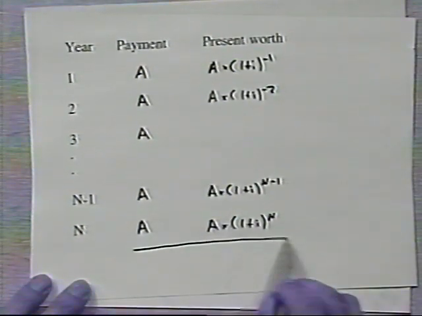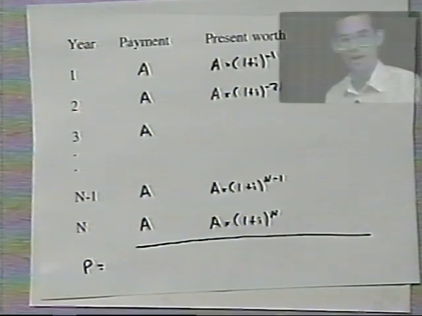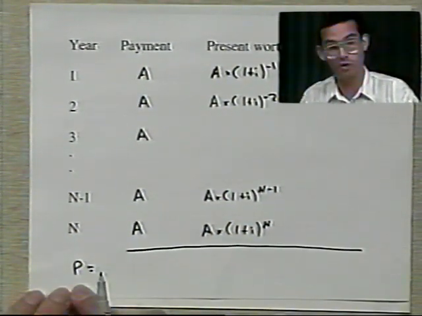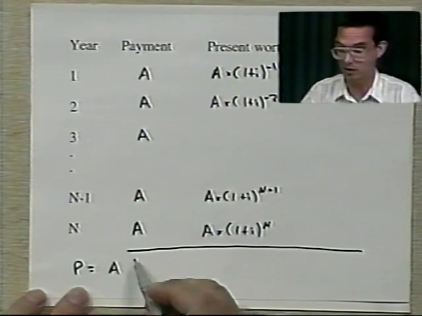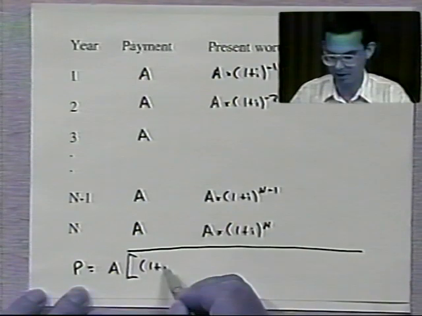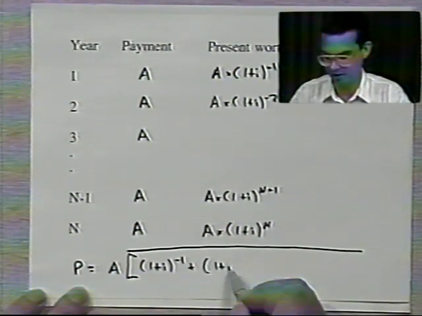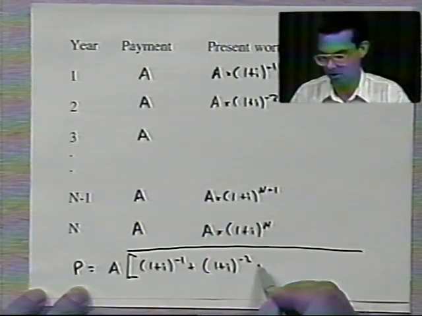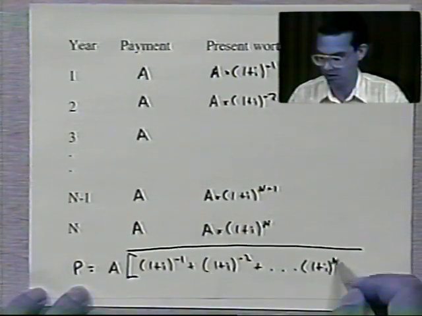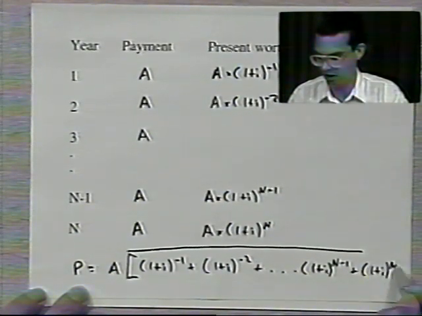And if I sum up all those present worths, I get a relationship between the present worth of the annuity and the annuity itself. And that's then (1 plus i) to the minus 1 plus (1 plus i) to the minus 2 plus dot dot dot, (1 plus i) to the minus (N minus 1) plus (1 plus i) to the minus n.